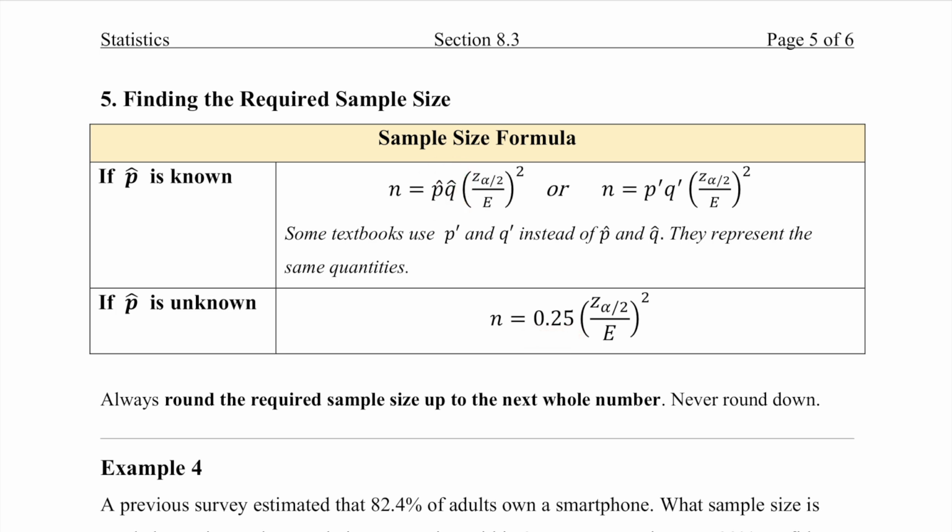In the next video, we'll talk more about why we use this formula and when it's appropriate. For this video, our example gives us the previous estimate, so we use the first formula. And remember, always round the required sample size up to the next whole number.